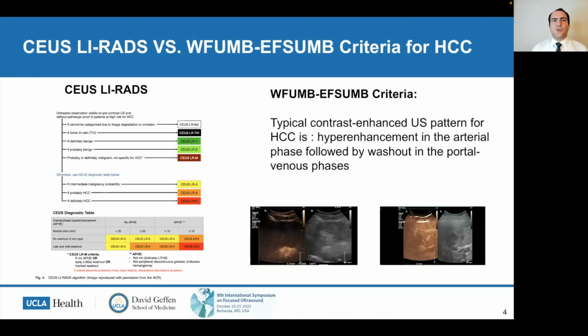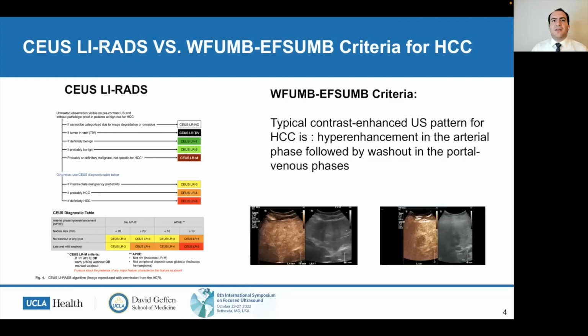Two main protocols for evaluation of liver lesions are CEUS-LI-RADS and WFUMB. CEUS-LI-RADS has several categories according to size, type of arterial phase hyperenhancement, and washout. CEUS LR-5 is considered a radiologic definite HCC diagnosis.